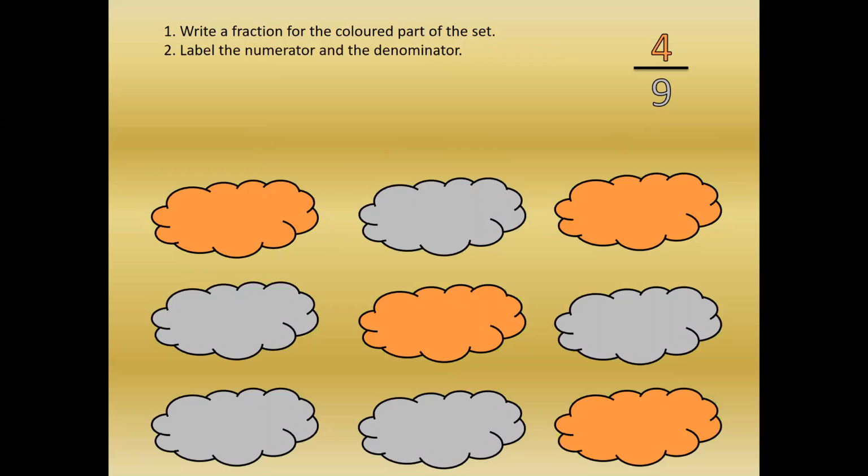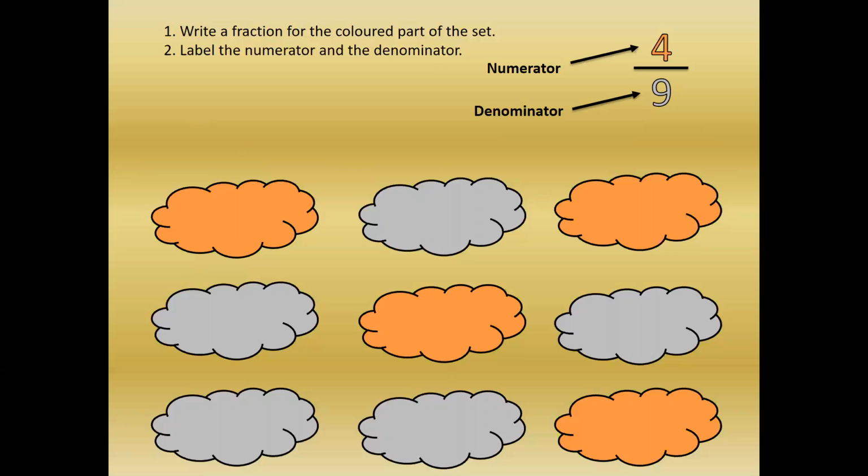Now we have to label the numerator and the denominator because we already have our fraction. It's 4/9. Is number 4 the numerator or the denominator? Do you remember which one goes on top? The numerator goes on the top, which means that number 9 would have to be the denominator. If you look at those words, numerator is smaller, denominator is bigger.